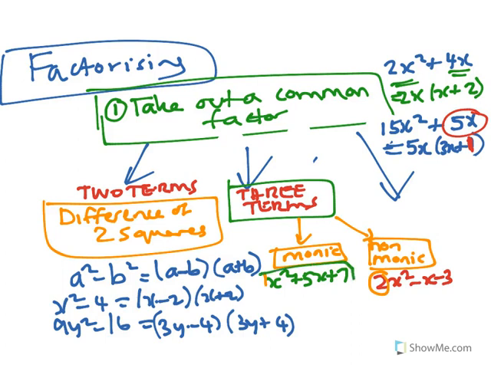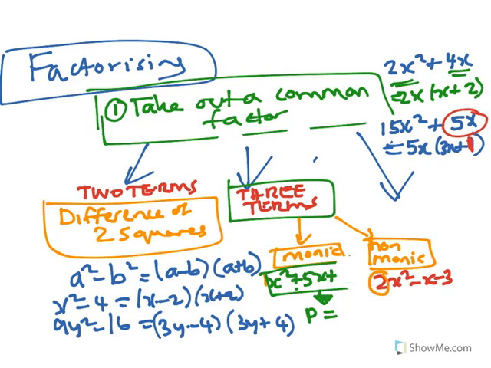Now, this is where we're up to so far, just looking at the monic. We did the monics with two different signs as well, like with a plus and a minus. I might not put 7 there because that's not going to add to give 5. Let's just rub that 7 out, and let's go 6. Multiply to give, no, that won't work either.